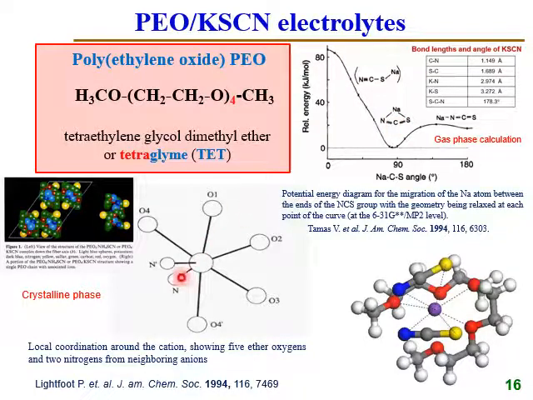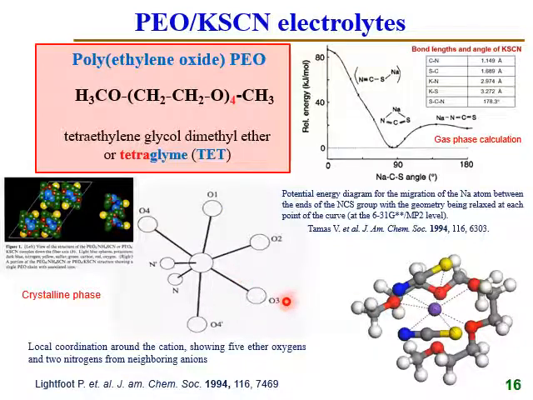Whereas when KSCN is complexed in the crystalline phase, it has a different structure like this, and the X-ray diffraction data for this structure say that potassium is connected mostly with two thiocyanate anions at the nitrogen position. Then potassium is connected to 5 oxygens from PEO.